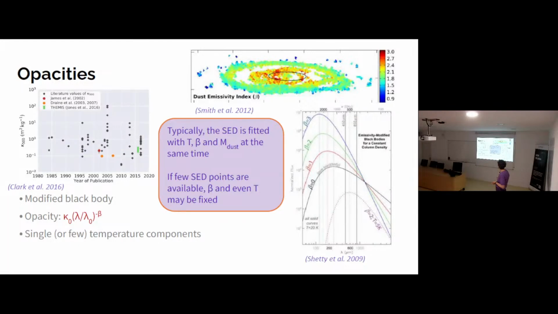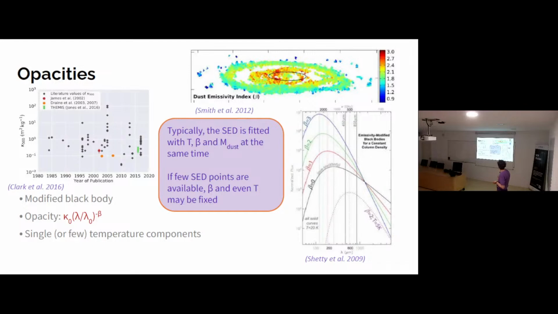What we do is we take the dust opacity, which takes this form: a kappa 0, or typically a kappa 500 micron, times lambda over lambda 0 to the power minus beta. You multiply that by a black body and by the dust mass to get a modified black body. And typically, we assume a single, or perhaps in a very good case, a few temperature components.